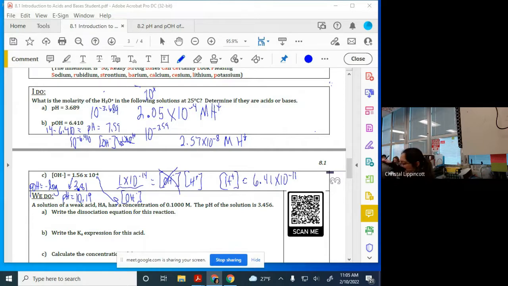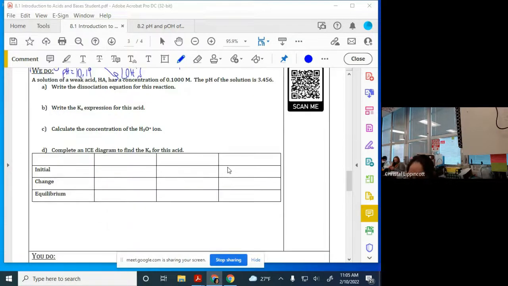The next one, we're dealing with a weak acid here, and they're just calling it HA. They're not giving it a name at all. They're just saying it's called HA, and they want to know what's happening with it. So if we're looking at the dissociation of this material, we're going to write what's going on.